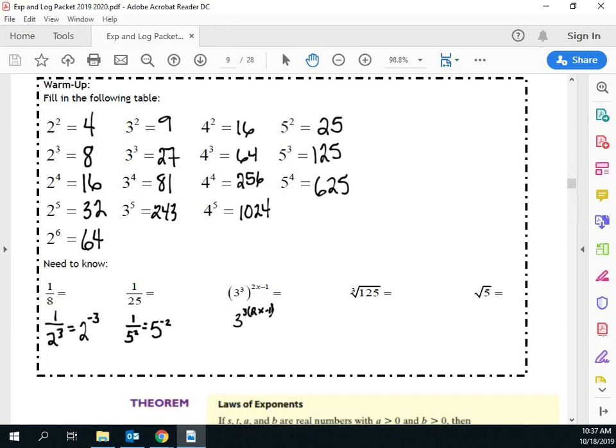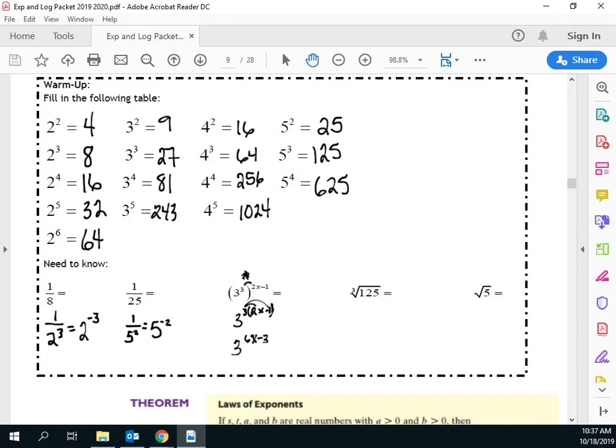Well, what do you think we do next? Distribute. Multiply the 3. Exactly. So, distributing that 3, you end up getting 3 raised to the 6x minus 3. Power raised to a power, you do exactly what you guys said, which was multiply. Good. All right?